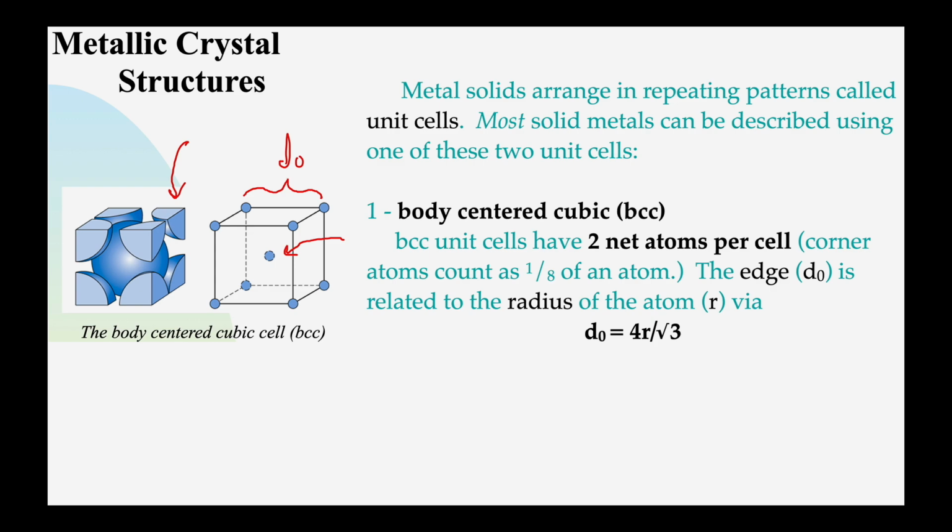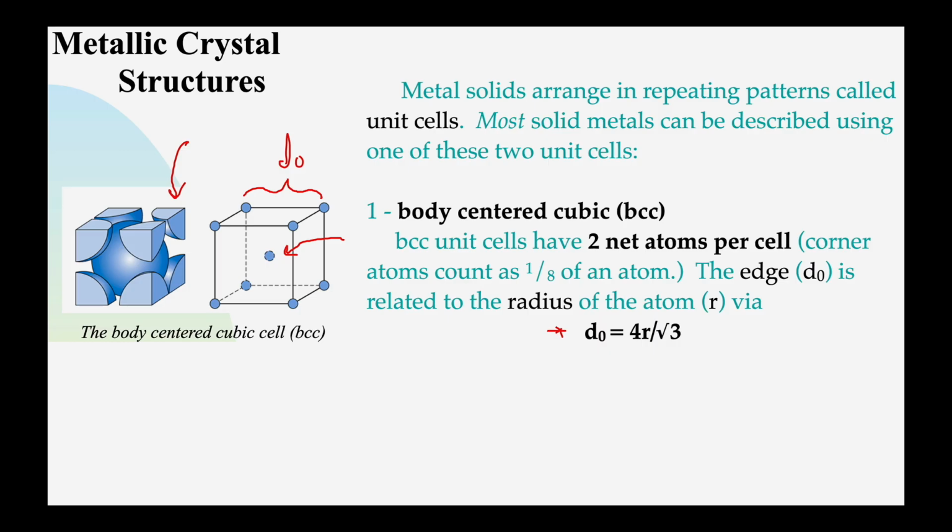The other part, like I said, is the way to go from the radius of the atom to the edge of the cell, or from this edge to the radius, either way. This has to do with geometry, and in the actual lab, I'll demonstrate how you get these relationships. But for right now, just realize that for BCC, the edge, D0, equals 4 times the radius divided by the square root of 3.